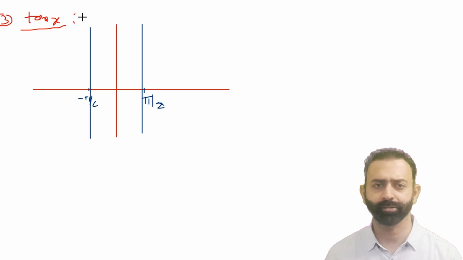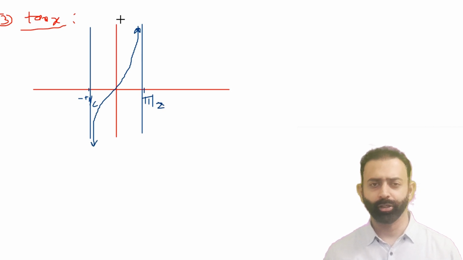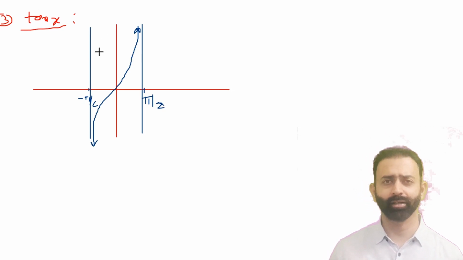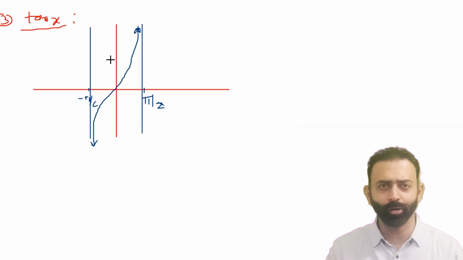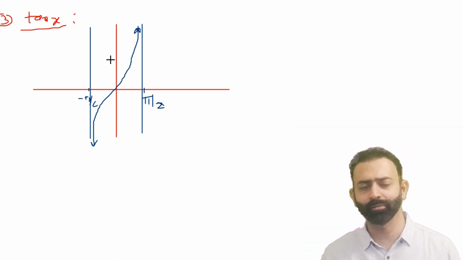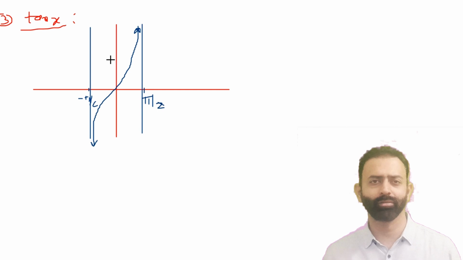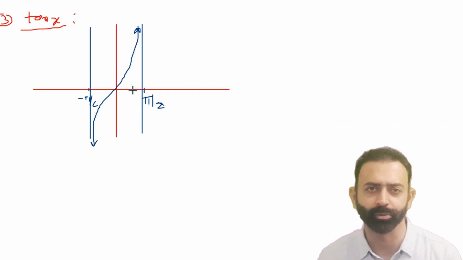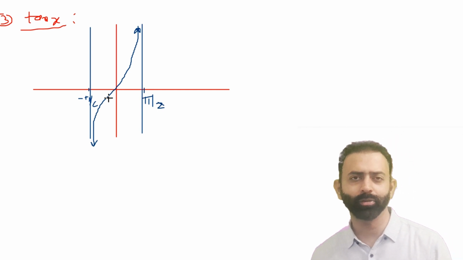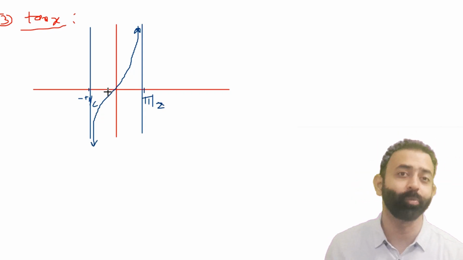The graph of tan x will be something like this. Although the domain of tan x, except the odd multiples of pi by 2, is all real numbers, and the range is also all real numbers, right? Except odd multiples of pi by 2, the whole real number line is the domain for tan x.